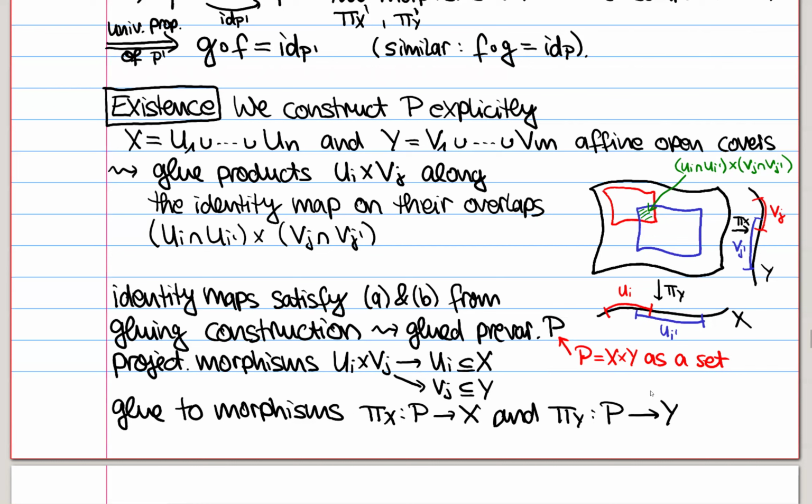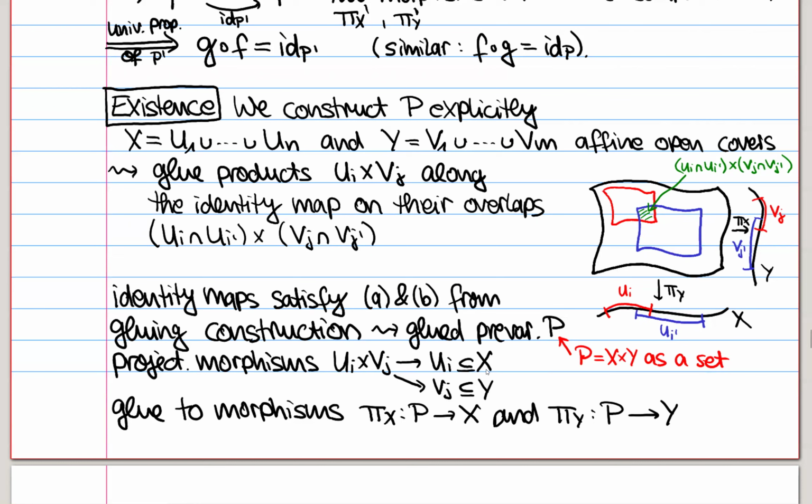And then we have constructed P, but now the data of the product also requires these projection morphisms. And we do have projection morphisms from U_i cross V_j, first of all to U_i and to V_j. These existed because we treated this in the case of affine varieties.